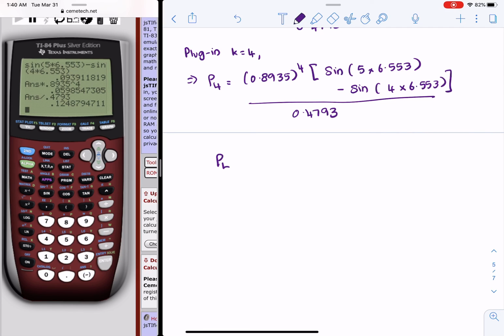And we end up getting rho 4 equals 0.1249.